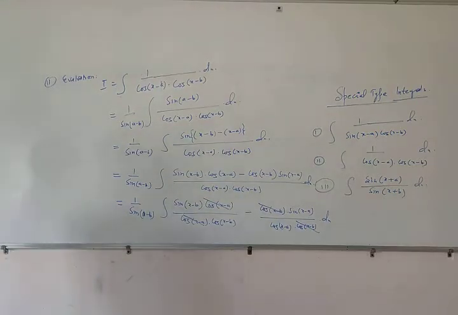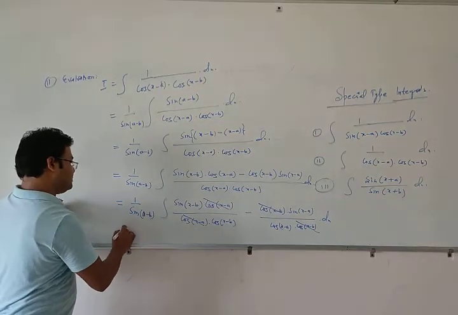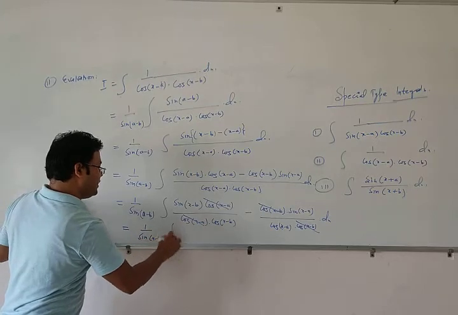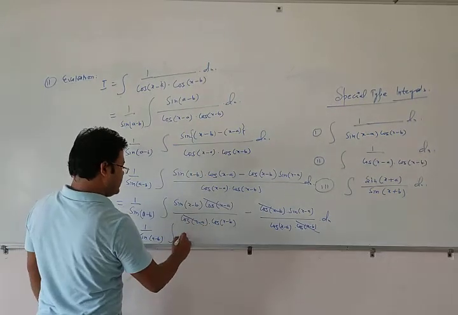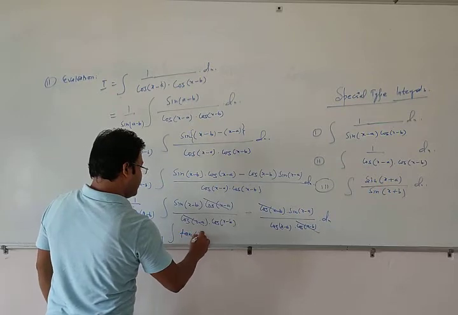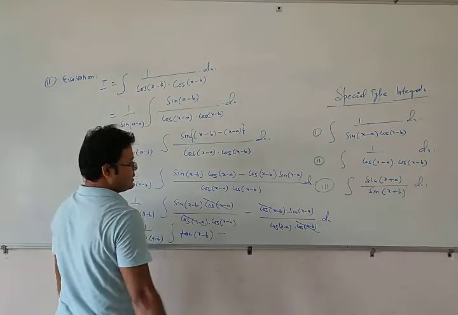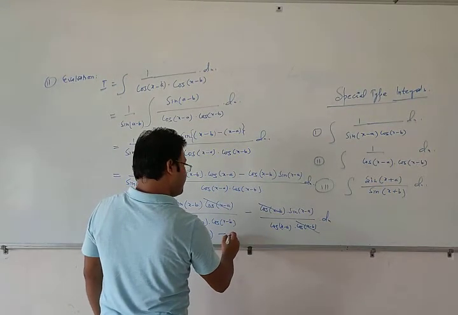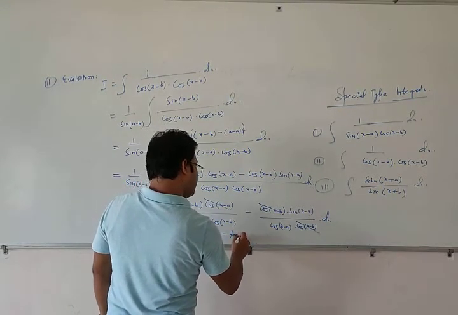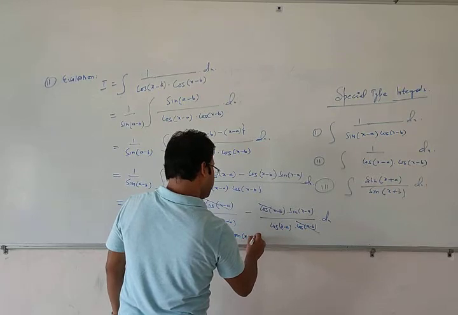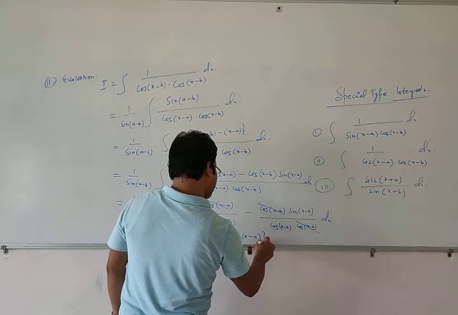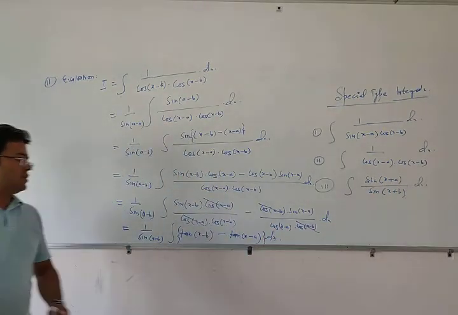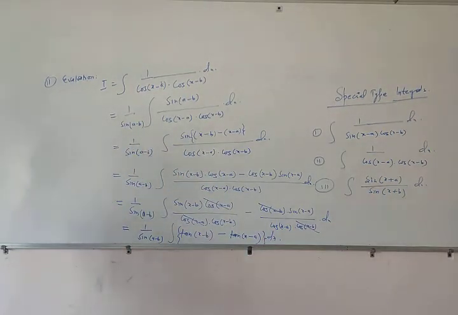Put the remaining terms: 1 by sin(a minus b) integration of sin by cos, which is tan(x minus b), minus sin by cos, which is tan(x minus a), and this is the integration. Now you can use the formula of integration.